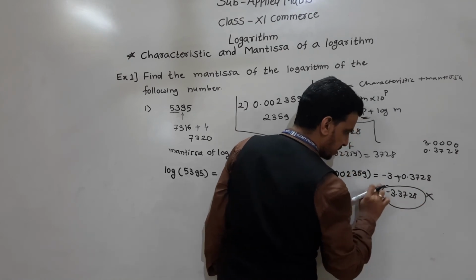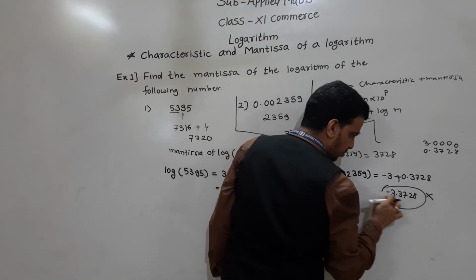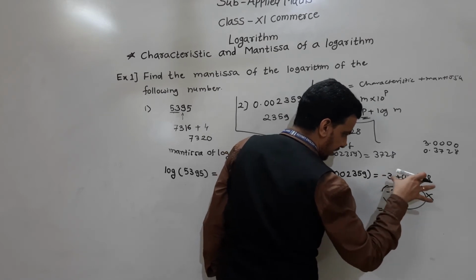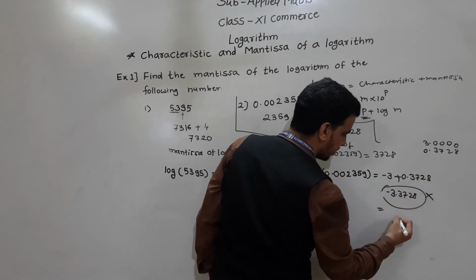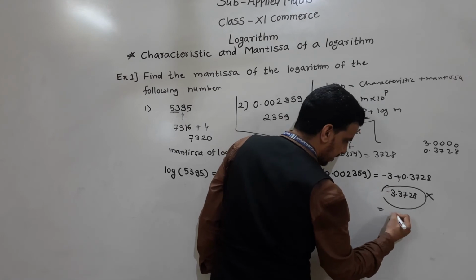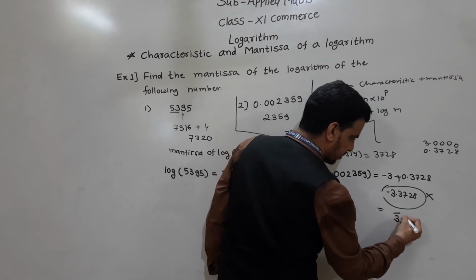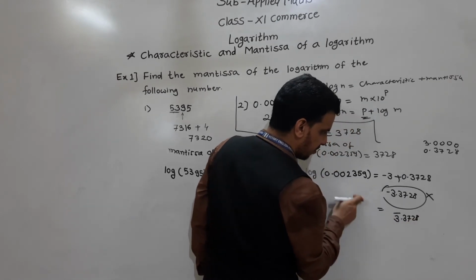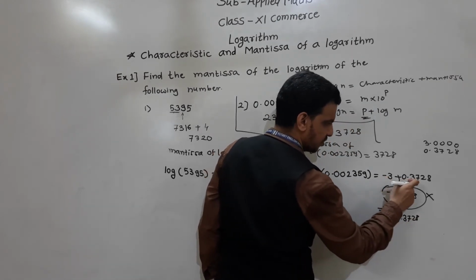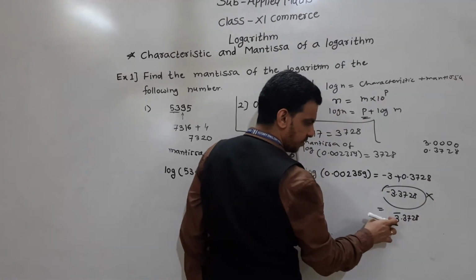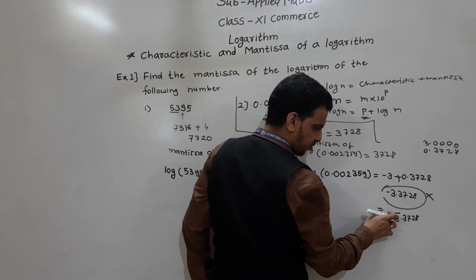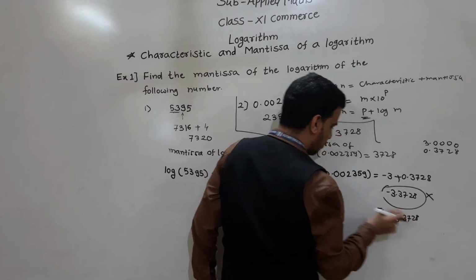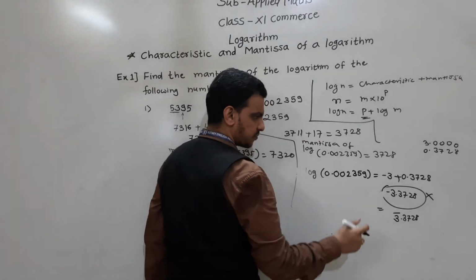So this one is wrong. For understanding, we have to write 3 with a bar on it, and then write .3728. The meaning of this is minus 3 plus 0.3728. So bar 3.3728, that is the log of this number.